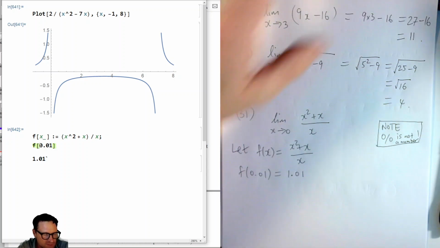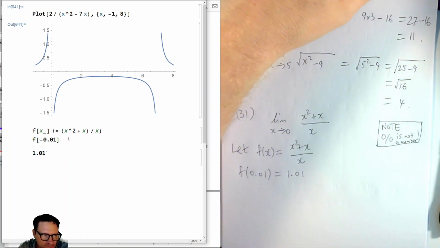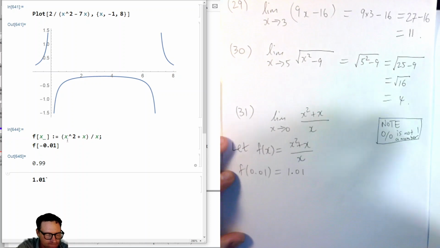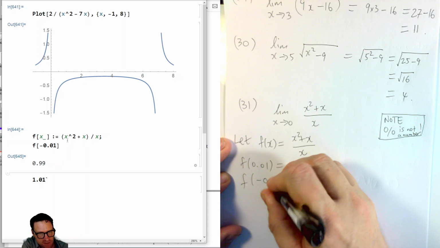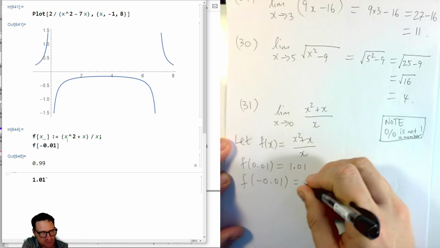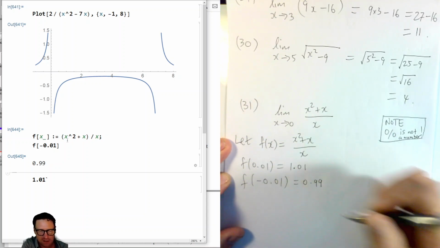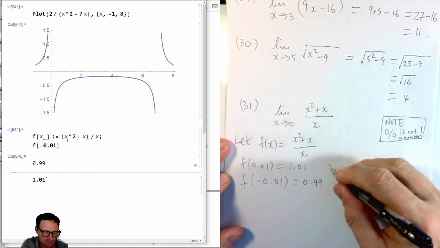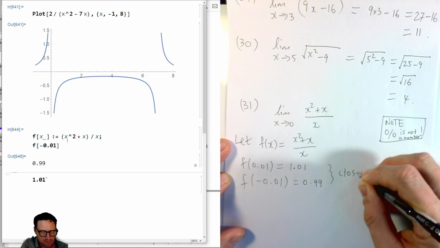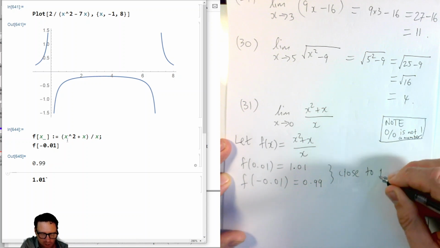Now what happens if I sub in minus 0.01? So f of minus 0.01 is 0.99. Notice both of these are really close to 1.